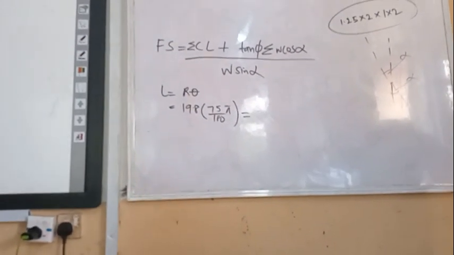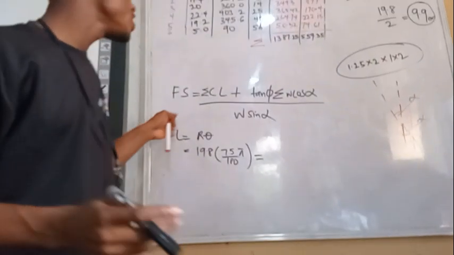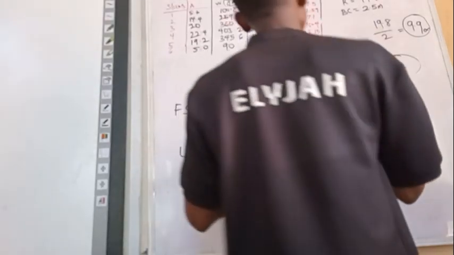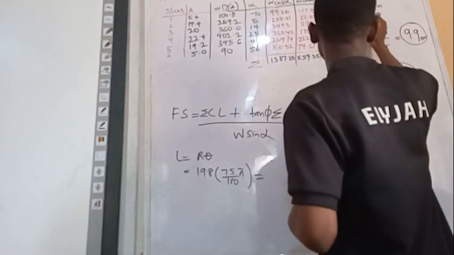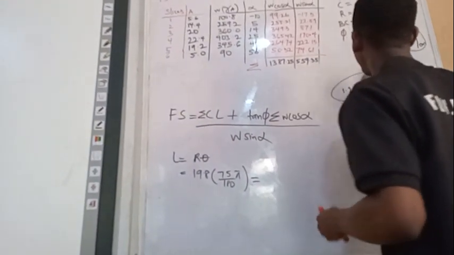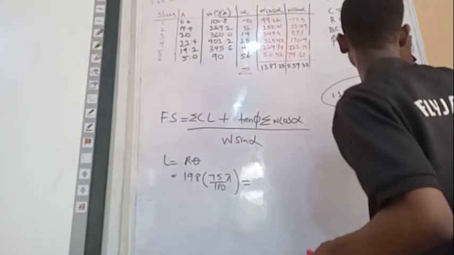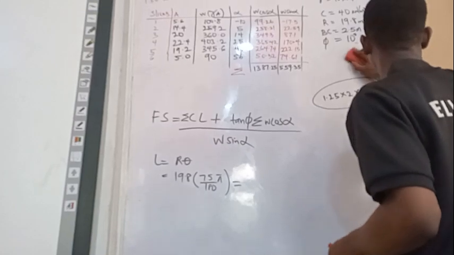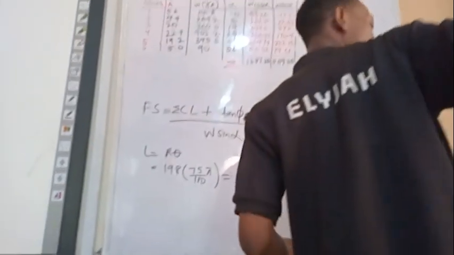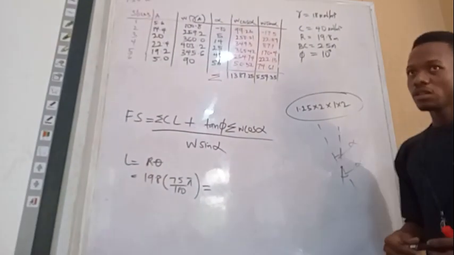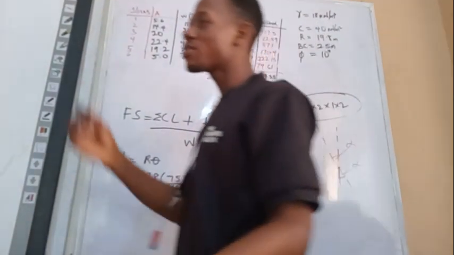This is the formula for finding L. Out of everything we have here now, in the formula, the only one we don't know is L. So that's why we have to find L. And L is R theta, but that theta is in radian. If you want to use degrees, you can use theta over 360 times 2 pi r.